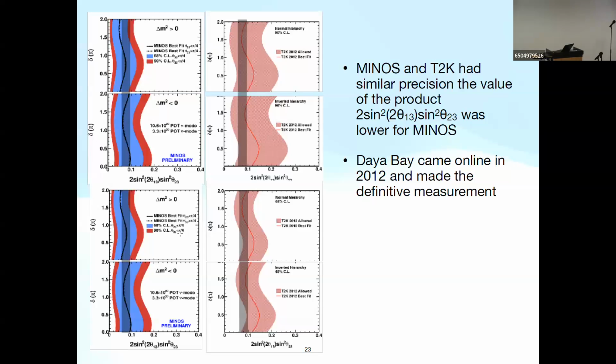The line down there, so Daya Bay came online in 2012 as well, and they made a very definitive measurement of this angle, θ13. And so the real uncertainty left on this plot was mixing angle θ23. When you take that into account, you see this band here, which is our best estimate of this quantity now.